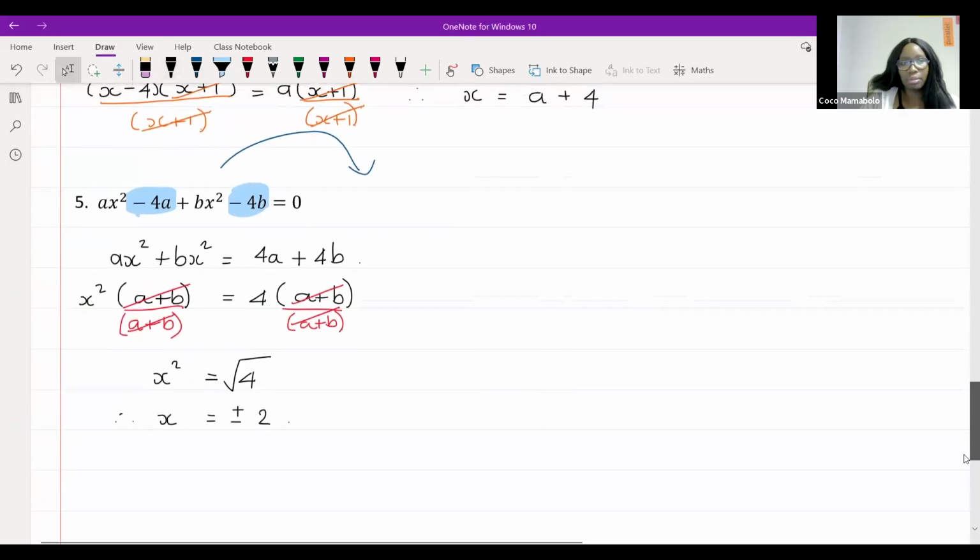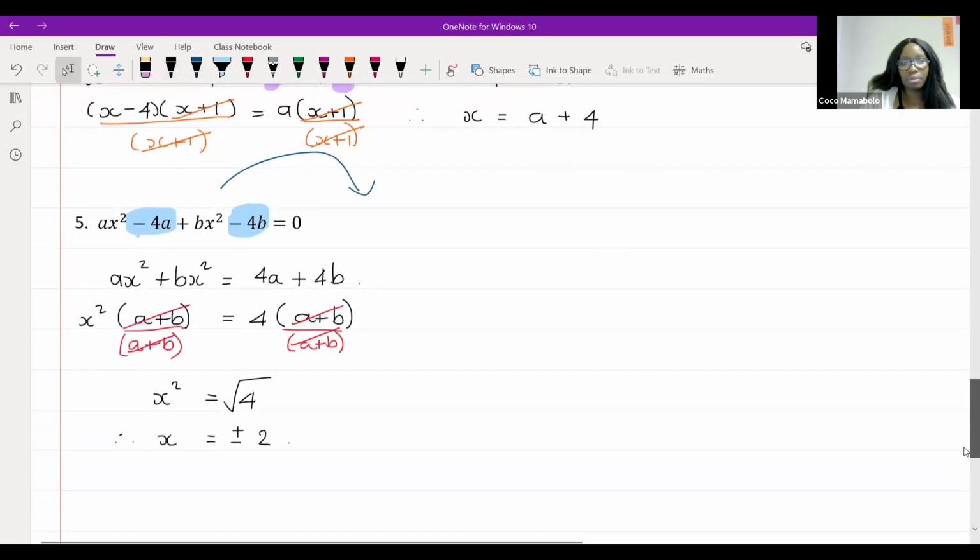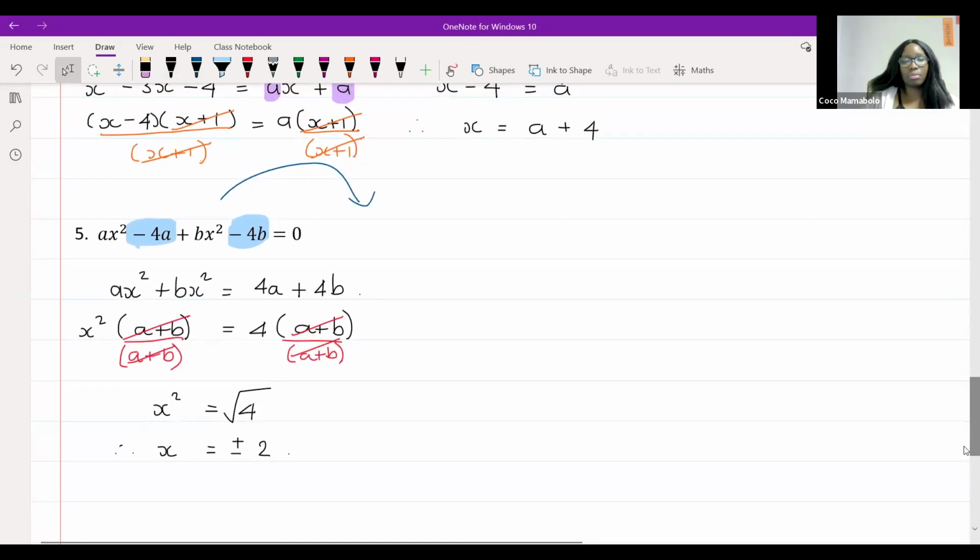Okay. And then on the ax squared, I pulled out x as the common factor. So if you take x out as a common factor, what do we have left on the inside? I got ax plus bx. Good. And then on the other side, I pulled out 2 as a common factor. Okay. And then I got 2b plus 2a.